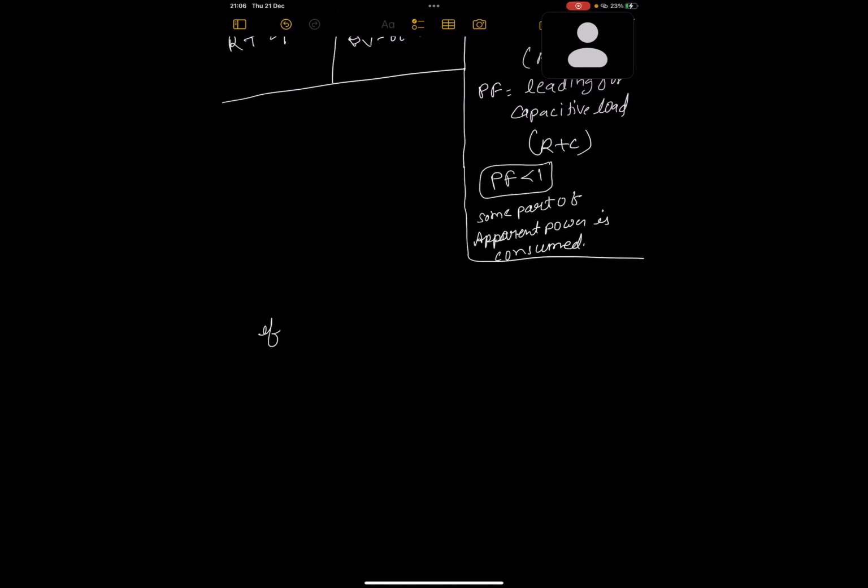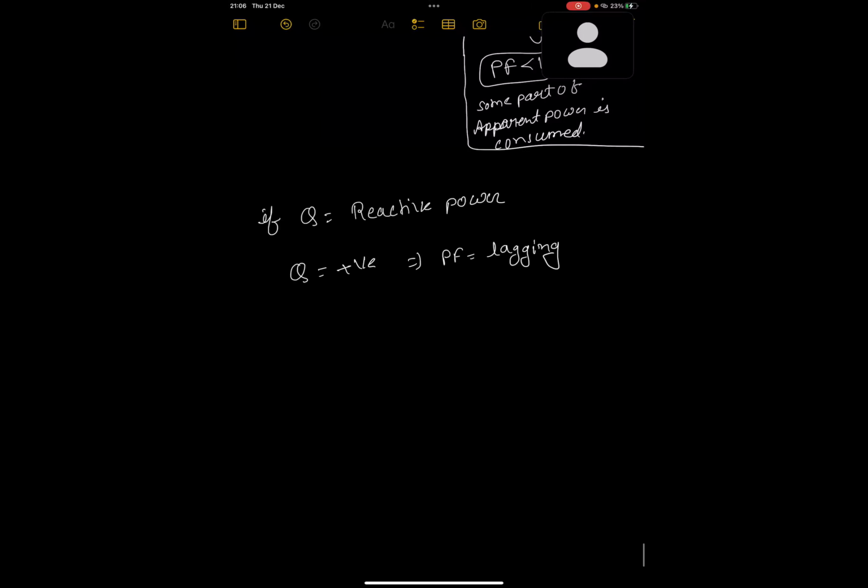If Q, that is reactive power, is positive, it means power factor lagging, meaning inductive load, meaning R plus some jXL in the figure.